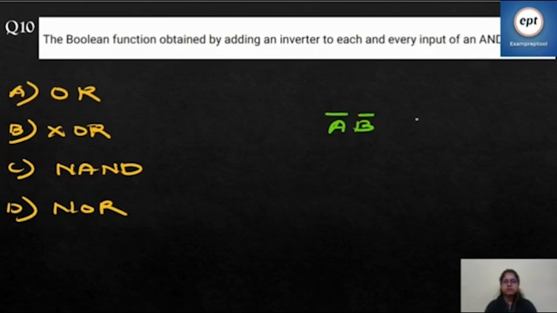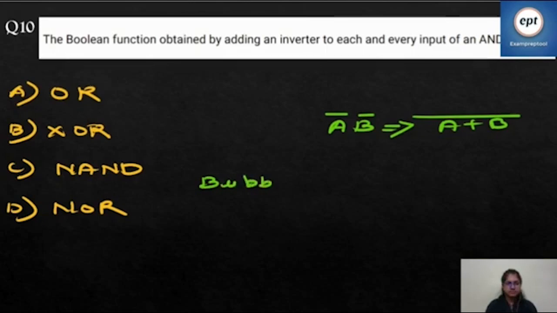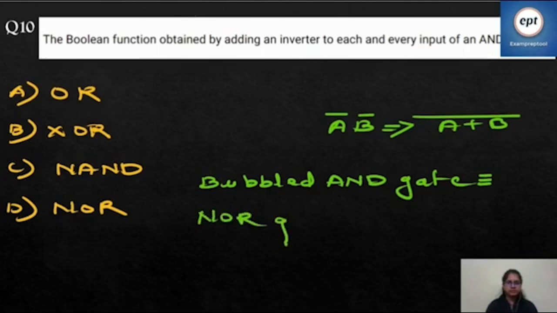This is equal to A plus B the whole bar. This is what the expression comes out to be. And please remember that a bubbled AND gate is always equivalent to a NOR gate.